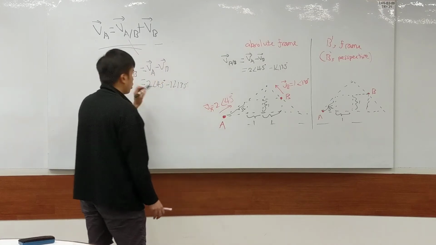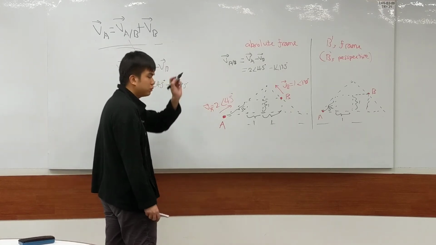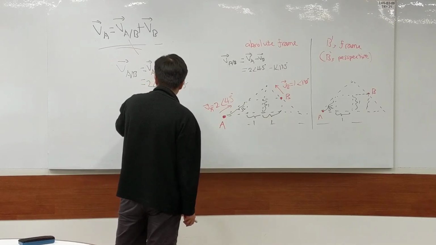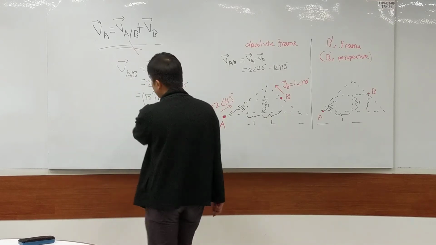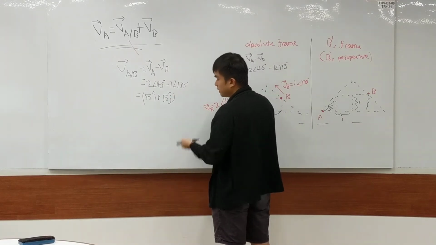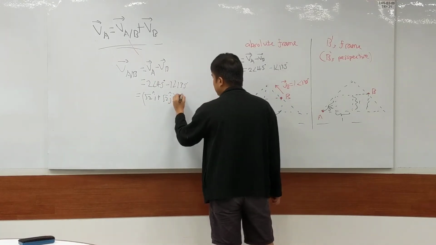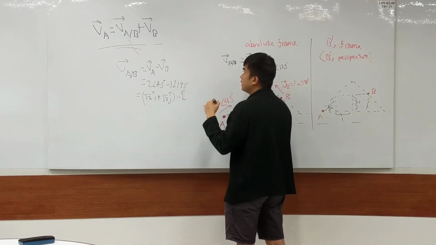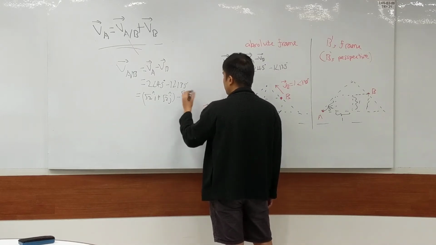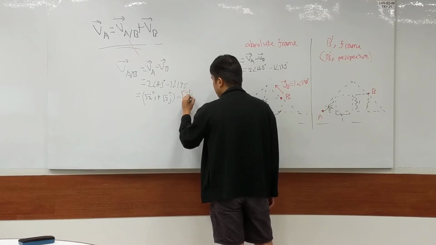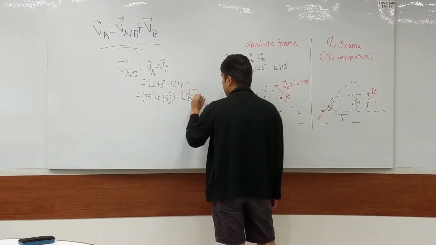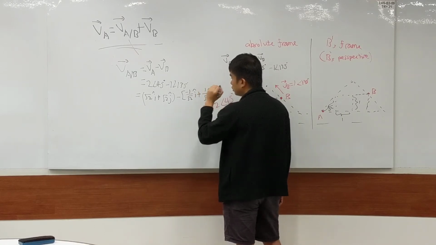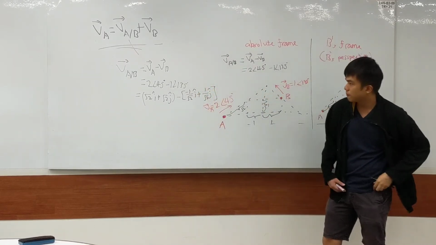So this is 2 cos 45 i plus 2 sin 45 j, which is square root 2 i plus square root 2 j, since cos 45 and sin 45 are the same. Minus 1 cos 135, which is negative 1 over root 2, i plus 1 over root 2 j, because sin 135 is 1 over root 2.